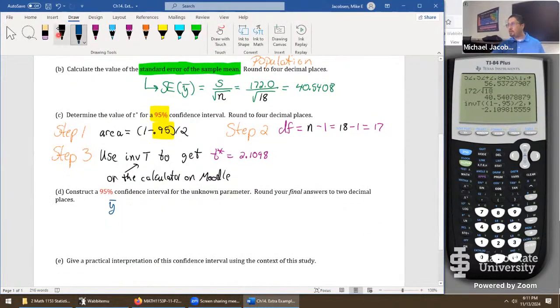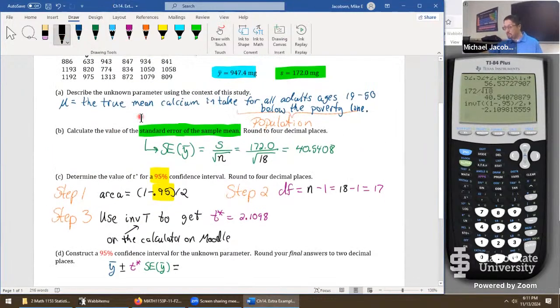So we've got y bar, we're going to add and subtract the critical number T star, which gets multiplied by standard error, SE of y bar. So to make this all happen, I think we got to scroll up here for just a moment and see our statistics. So 947.4 in place of the sample mean y bar.